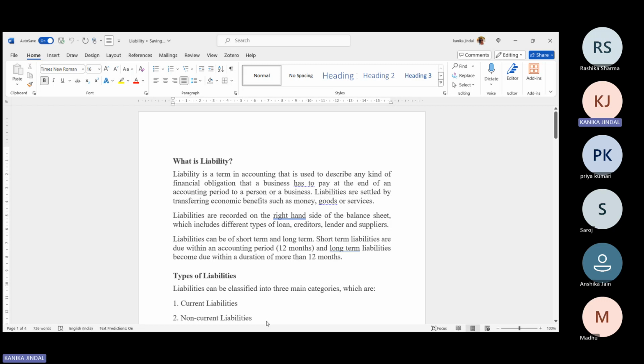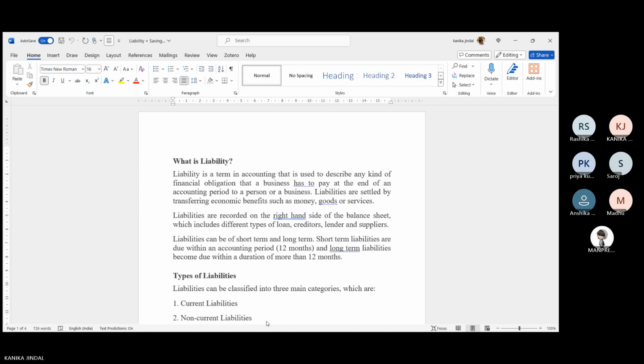So liability is a term in accounting that is used to describe any kind of financial obligation that shows that a business has to pay at the end of an accounting period to a person or a business.